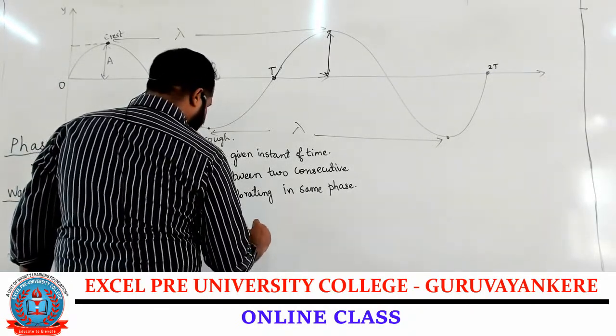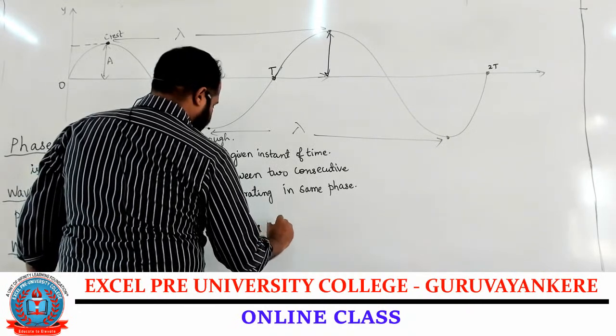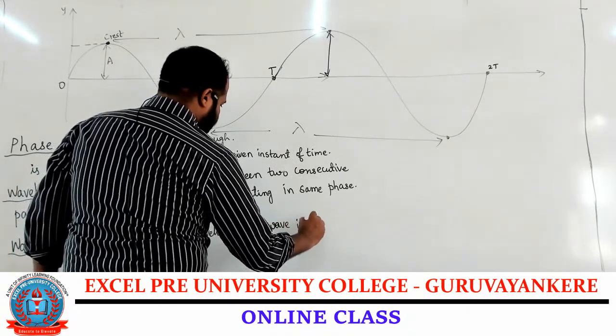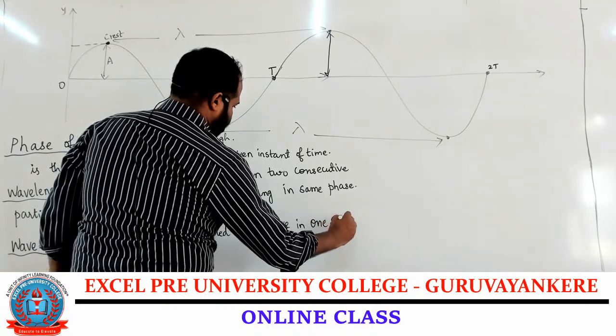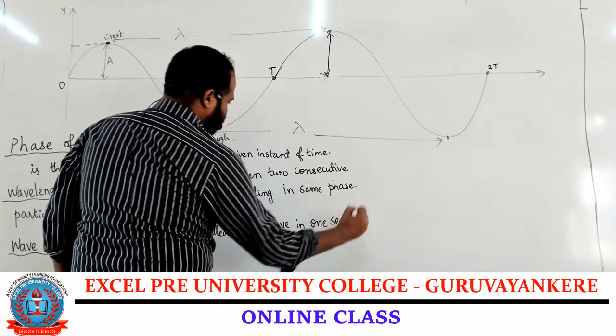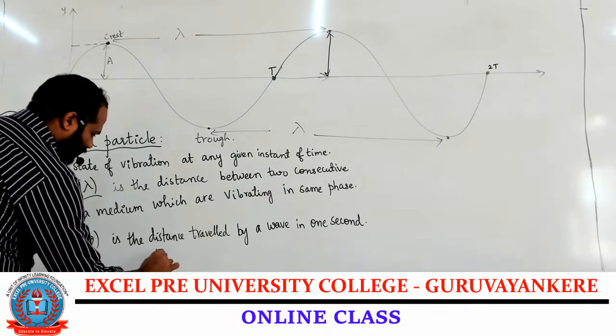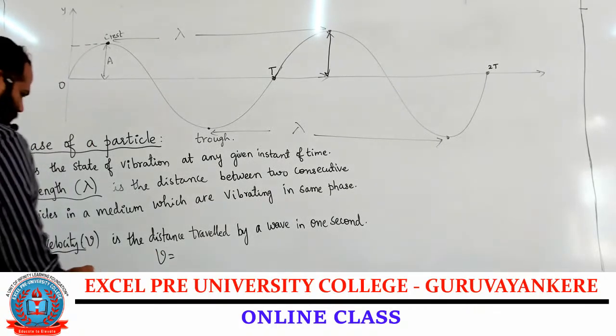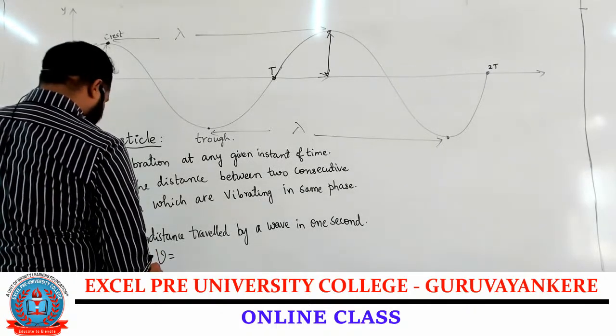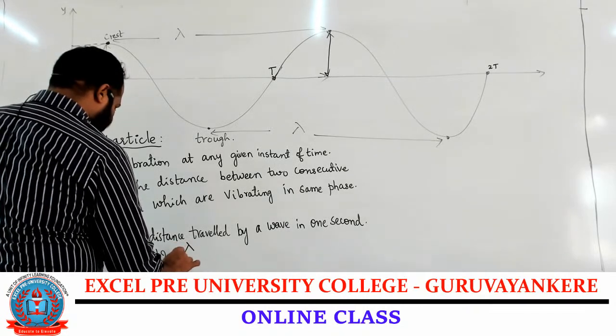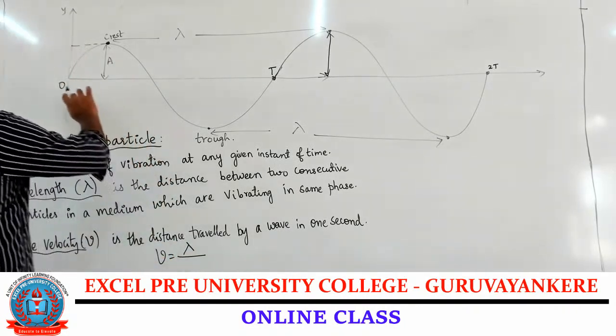Distance traveled by a wave in 1 second. So V is equal to the distance traveled by a wave, lambda. Distance traveled by one wave.